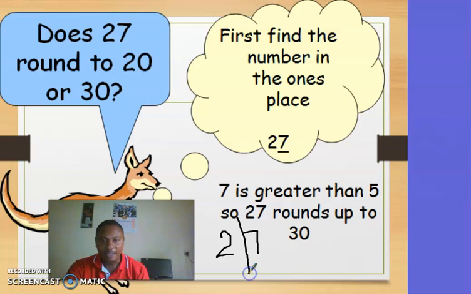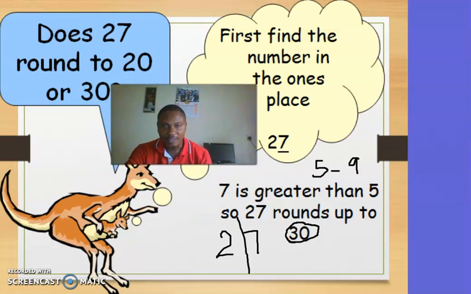We look again at 7, the unit place. 7 is between 5 to 9. So it means that it's going to add to 2. And when it adds to 2, it will give us 30. So rounding 27 to the nearest 10 will give us 30.